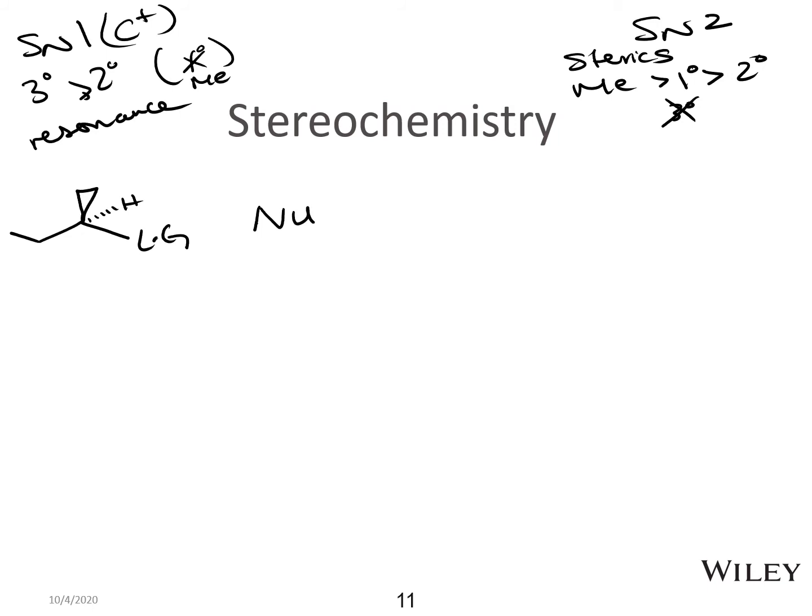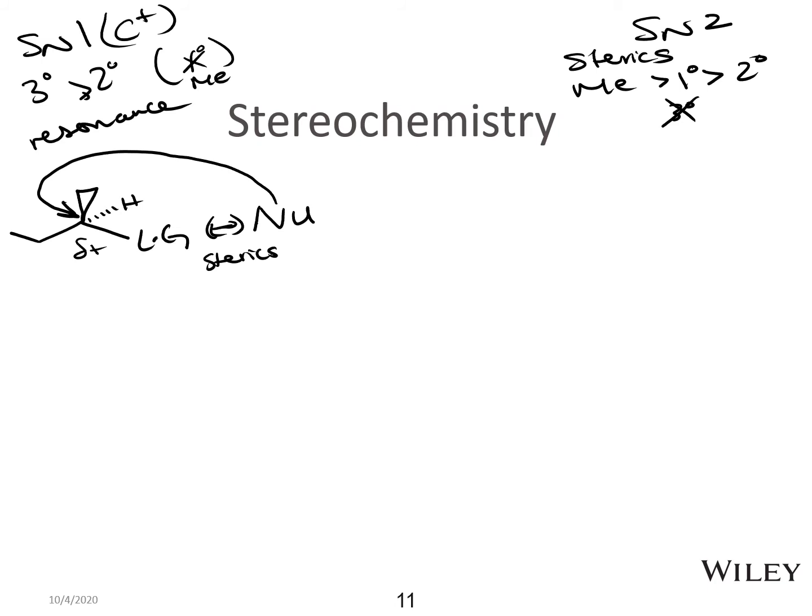Now, when the nucleophile comes in, it has to come in behind the leaving group. Why? Because there are sterics. Even though I drew the nucleophile here, the nucleophile can't attack this electrophilic center on the same side as the leaving group just because of sterics.